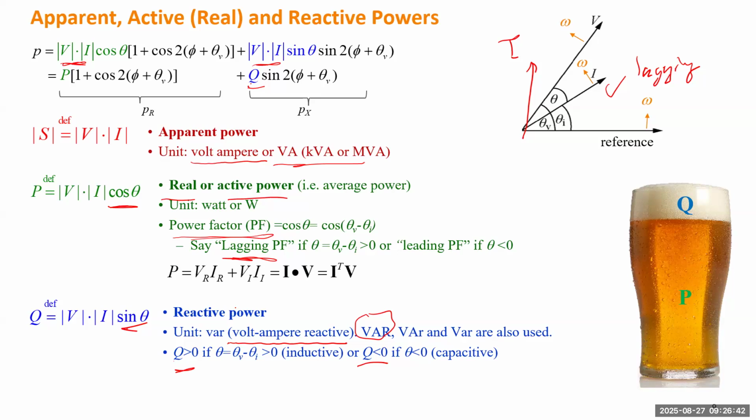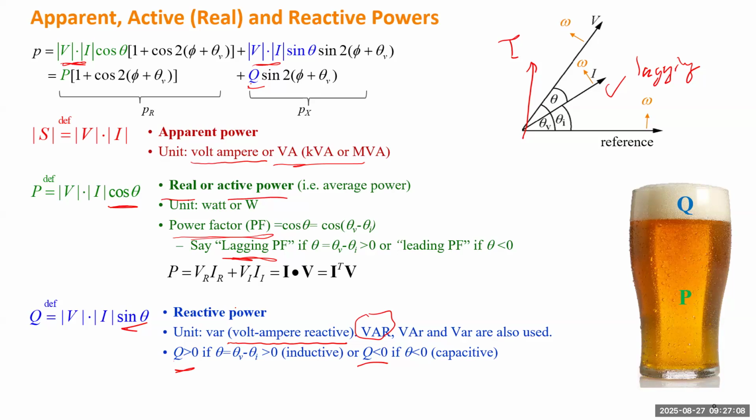So let me give you more mathematical insight into what is P, what is Q. Because we call the voltage a phasor or vector, we can use the real part and imaginary part. The voltage is a complex number, so you'll have a real part and imaginary part, and current also has a real part and imaginary part.